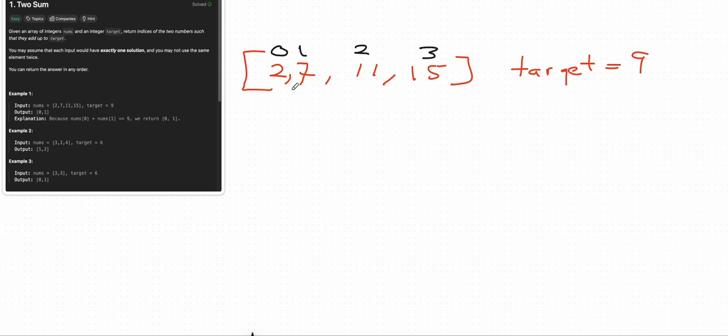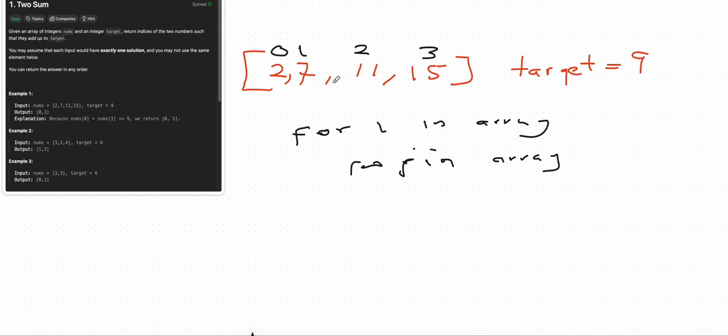In a program, the first approach is a for loop, a nested loop like this: for i in array, then for j in array, until we find the pair that works.